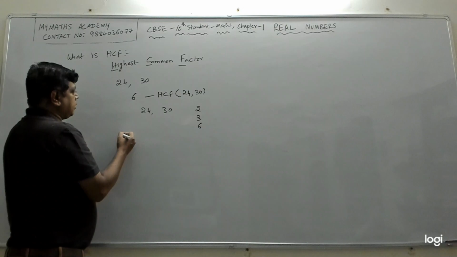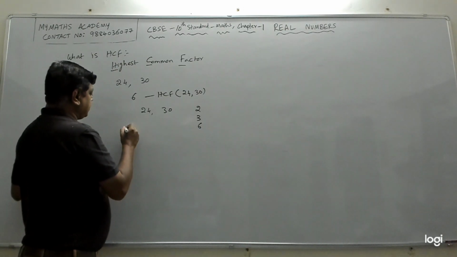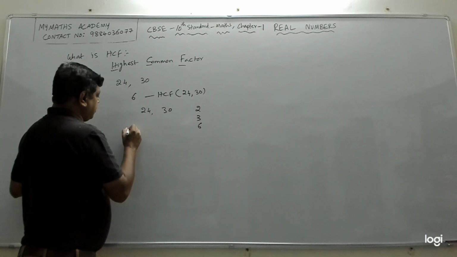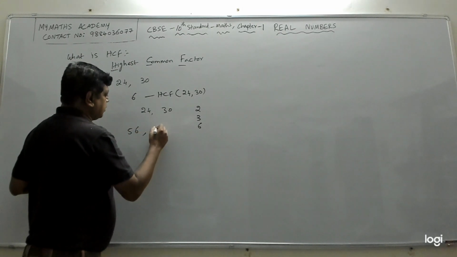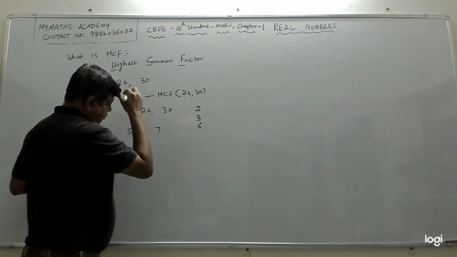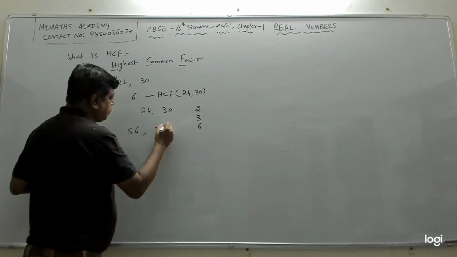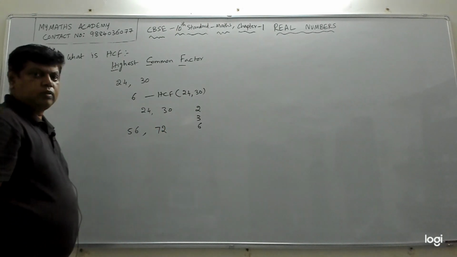So suppose you want to find the highest common factor between 56 and 72.